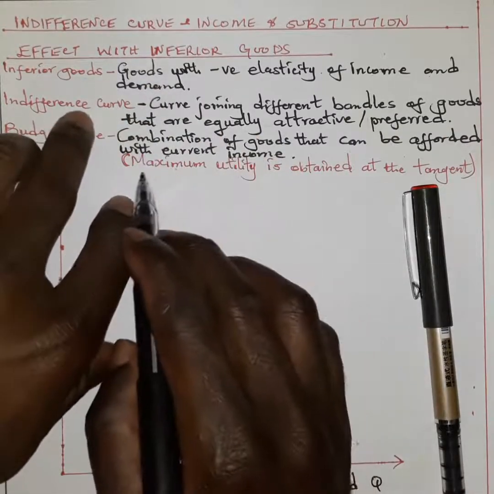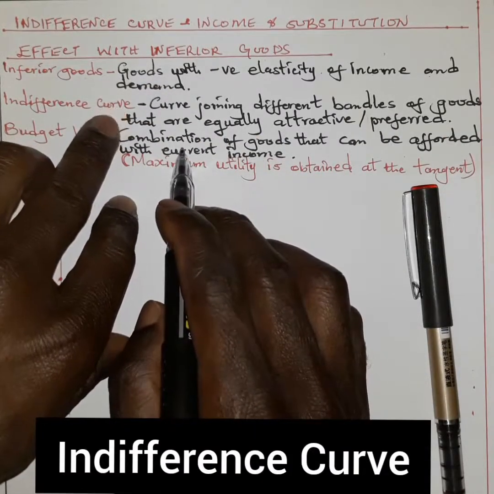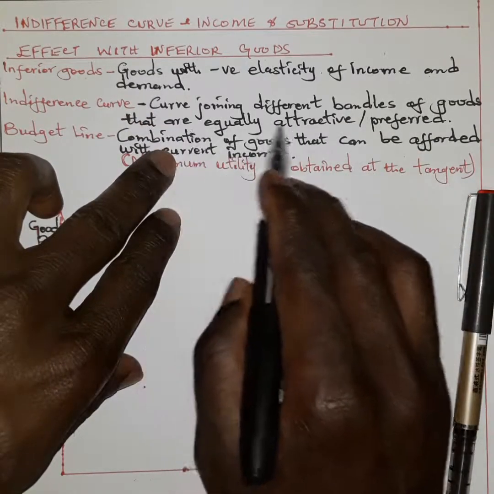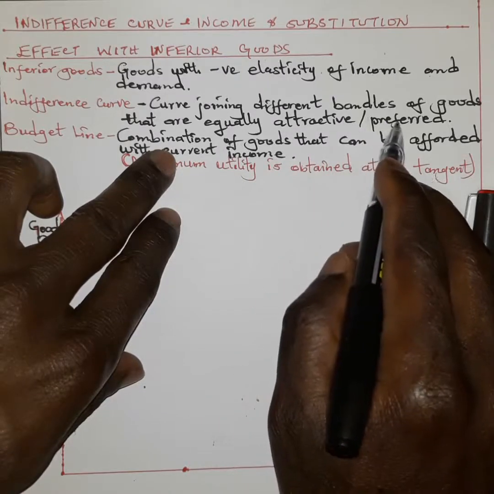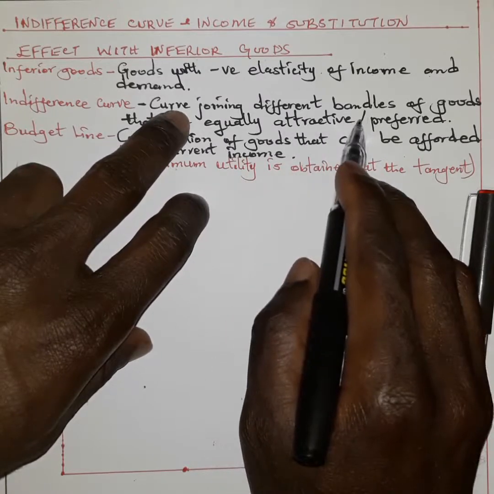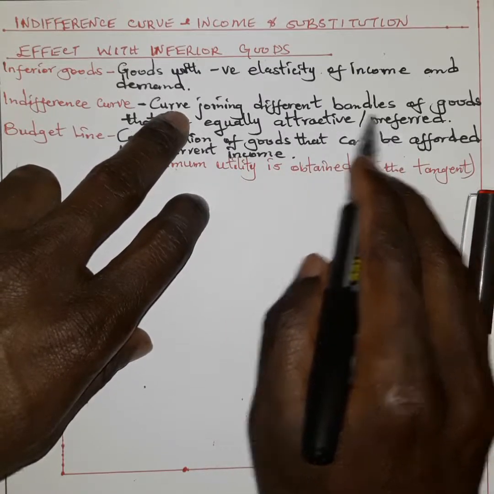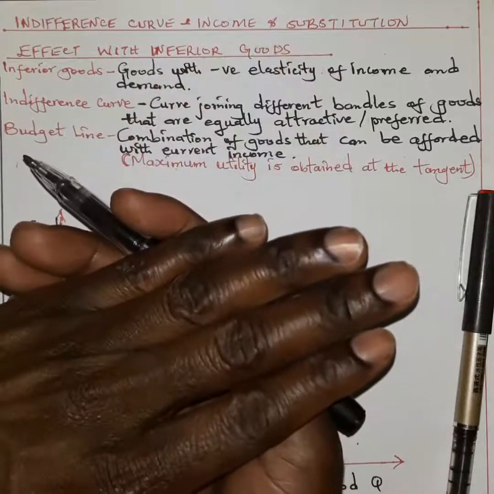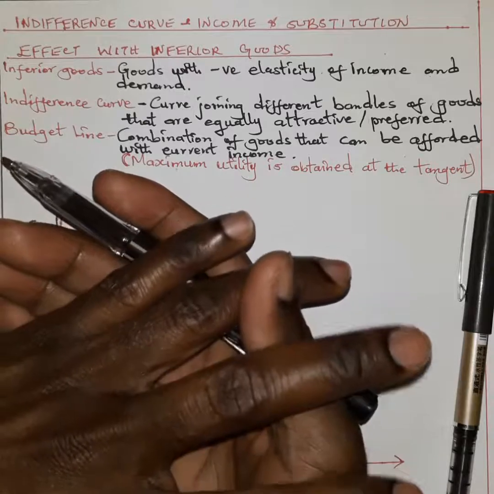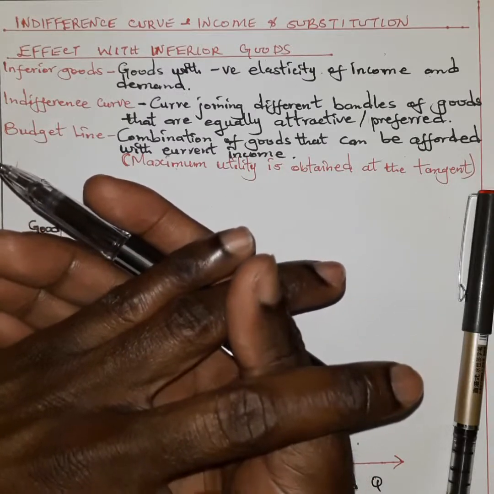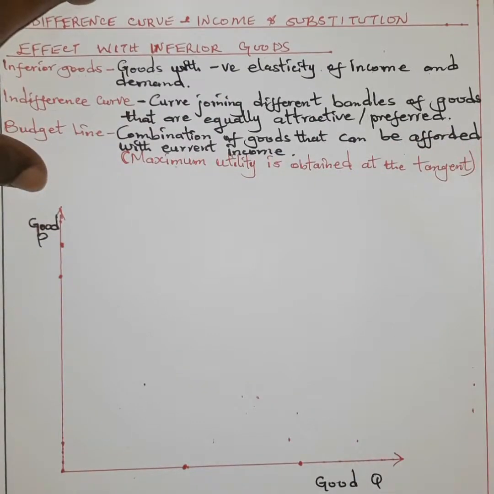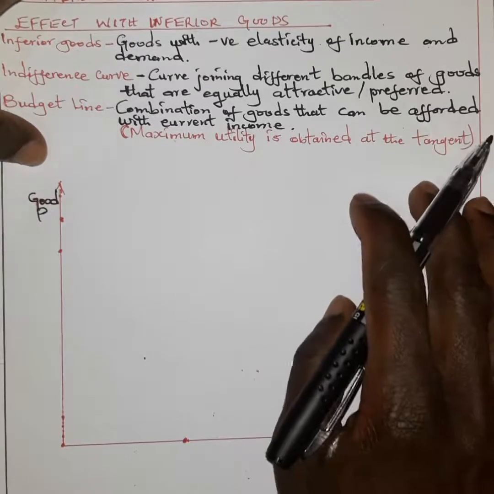Then we talk about the indifference curve. These are curves joining different bundles of goods that are equally attractive or preferred. In other words, these are curves that join different types of goods which give the same satisfaction, and therefore the consumer is unable to choose which good to use, as they lie on the same curve.